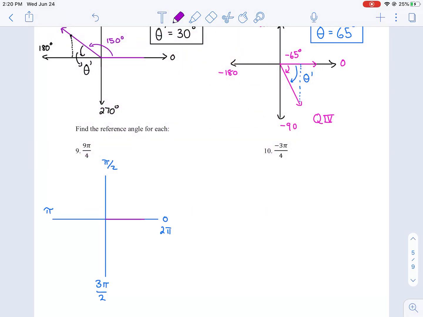So what we're going to do is take our angle and go counterclockwise 1 full revolution, and we're going to stop somewhere in the first quadrant.